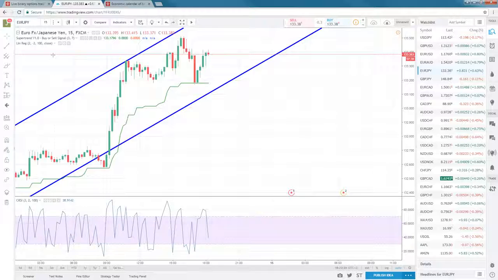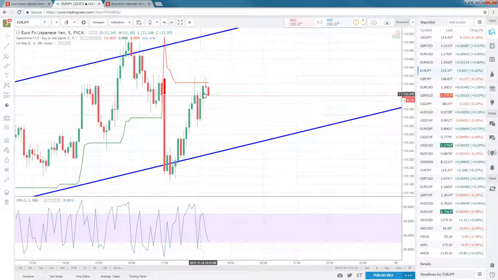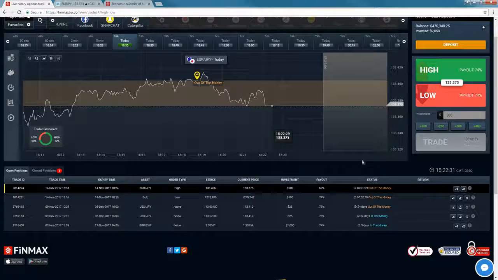Let's say 15-minute scale. Yeah, the trend is upward moving, so we can guess the following candle needs to be green, so the price has to go high.